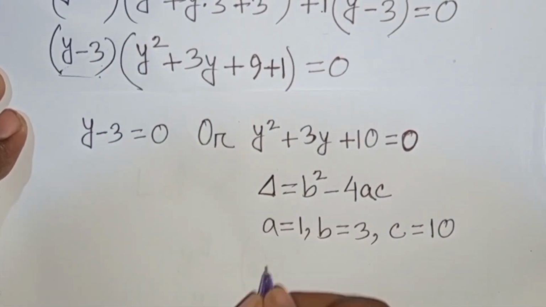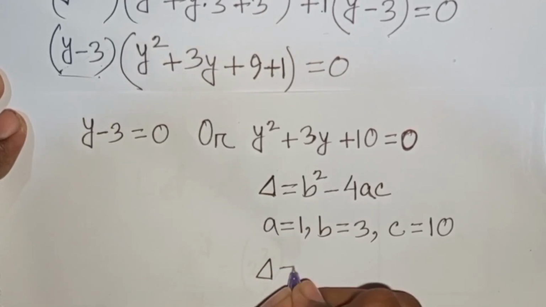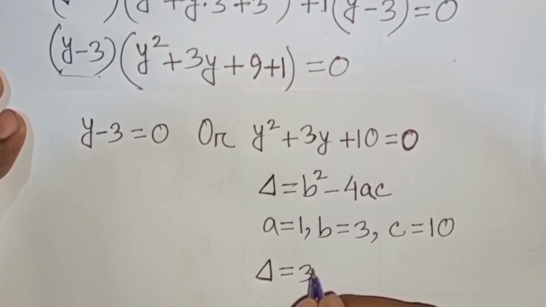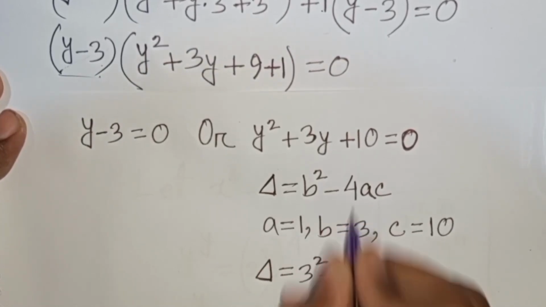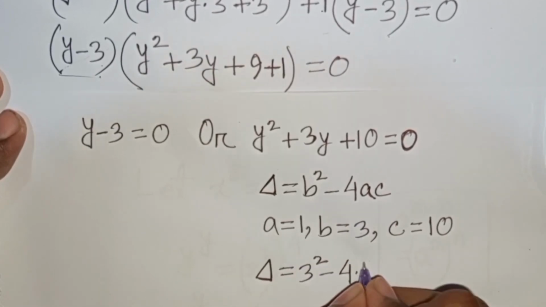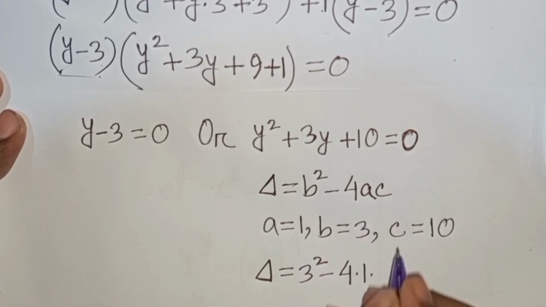Now we can write here delta will be equal to b square, that means 3 square, minus 4 times a, that means 1, times c, that means 10.